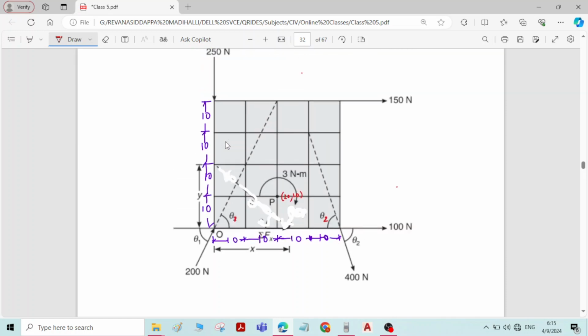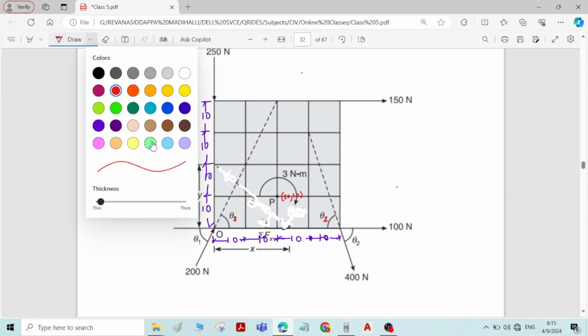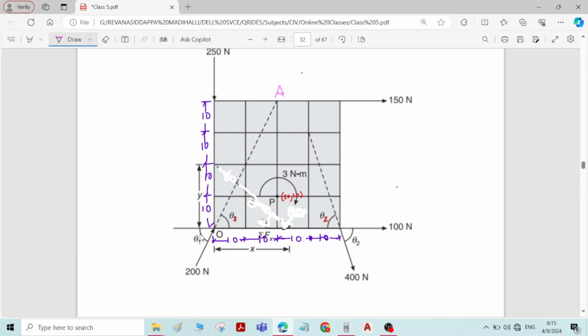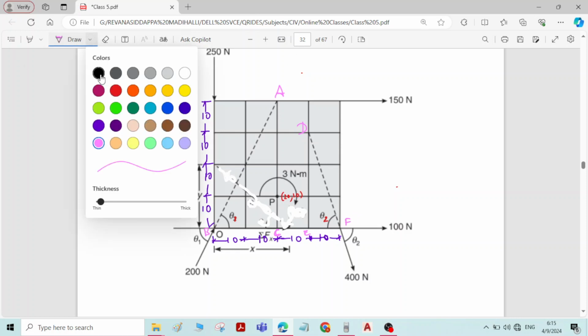Now I will name these points as point A, point B, and this point as point C. Now I will tag this as point D, this as point E, and point F, for the calculation of the angles.